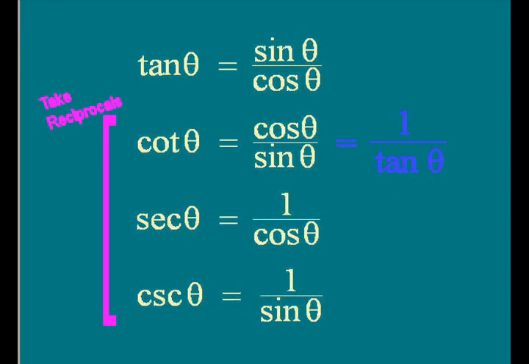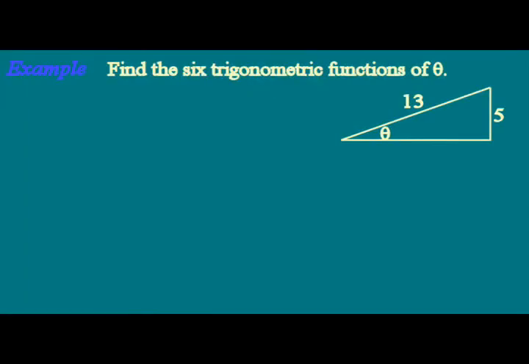All set? Let's continue. We'll do an example. This right triangle has hypotenuse 13 and the side opposite theta is 5. To find the adjacent side, we'll use the Pythagorean theorem.